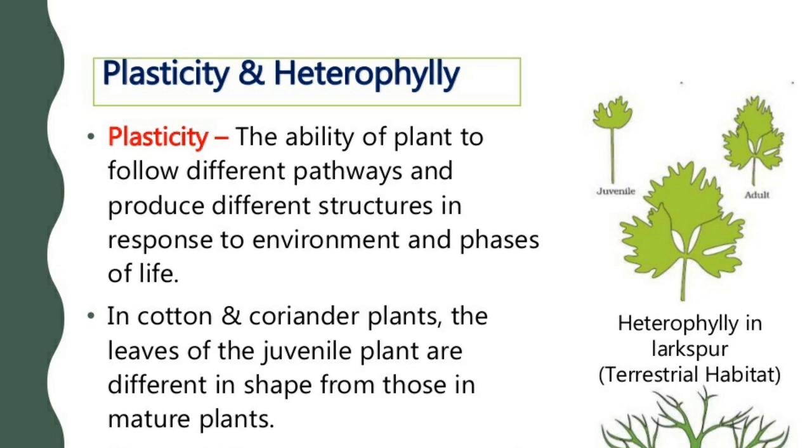Plasticity and heterophylly. Plasticity is the ability of a plant to follow different pathways and produce different structures in response to environment and phases of life. In cotton and coriander plants, the leaves of the juvenile plants are different in shape from those of mature plants, that is heterophylly, presence of two types of leaf in the same plant.